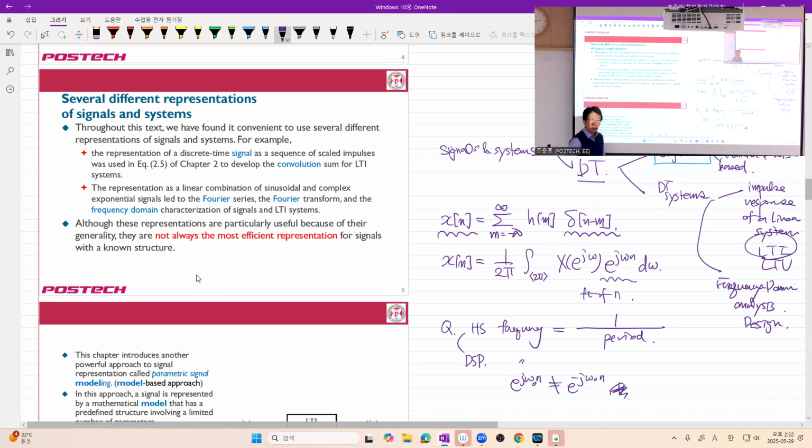Got it? But if you just view the period of these two signals, according to your high school definition of frequency, then they have the same frequency and there is no negative frequency.